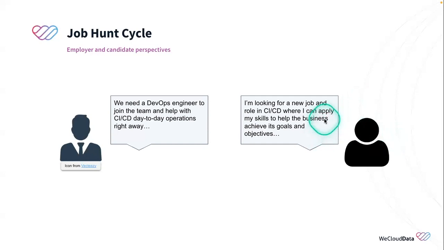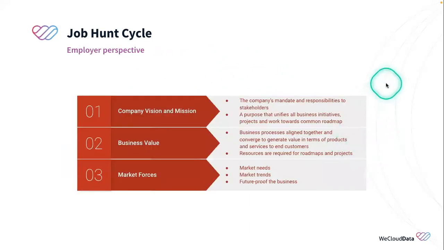Specifically, they want a role in CI/CD where they can apply their CI/CD and DevOps skills for businesses looking for those things. So in a way, on the surface, this looks like a match: two parties trying to accomplish very common objectives in terms of the needs and the capabilities the candidate can provide.